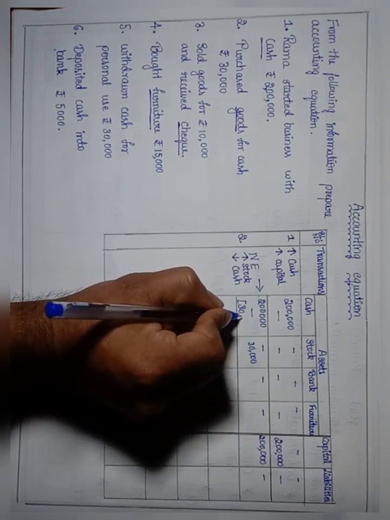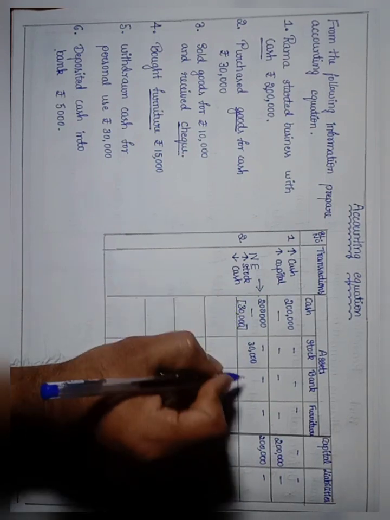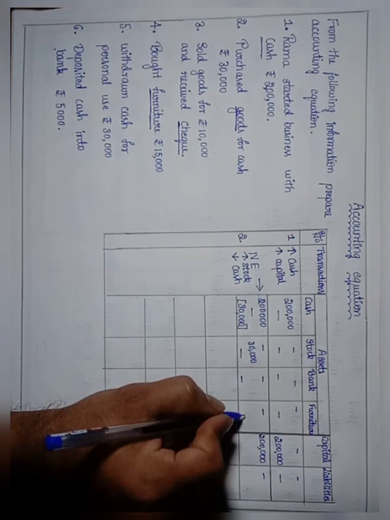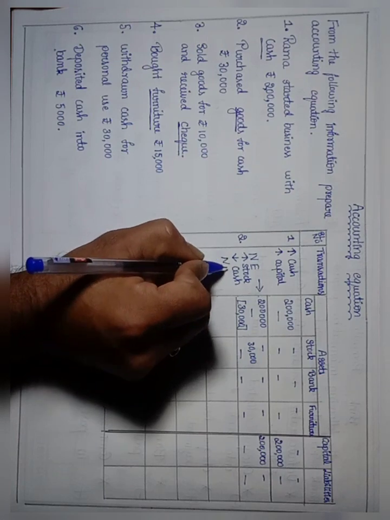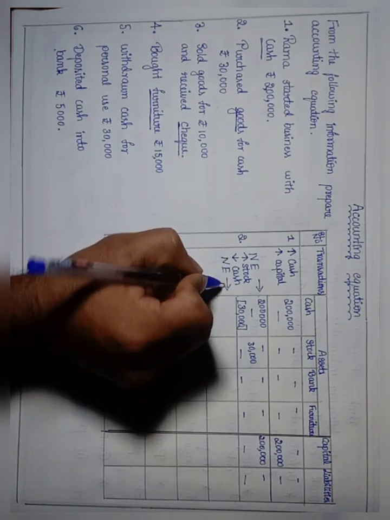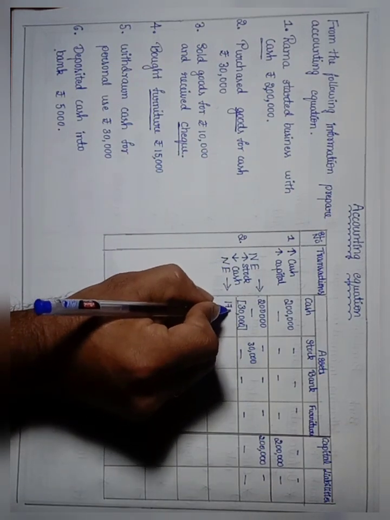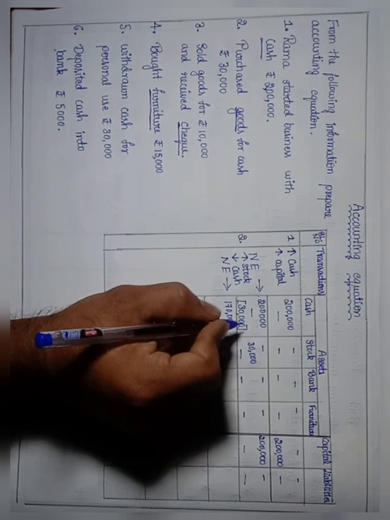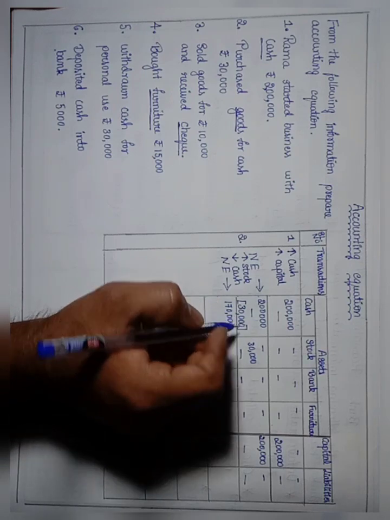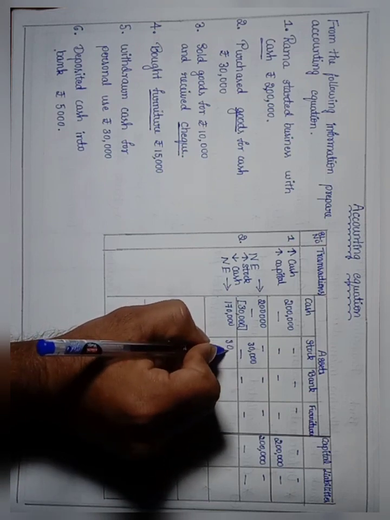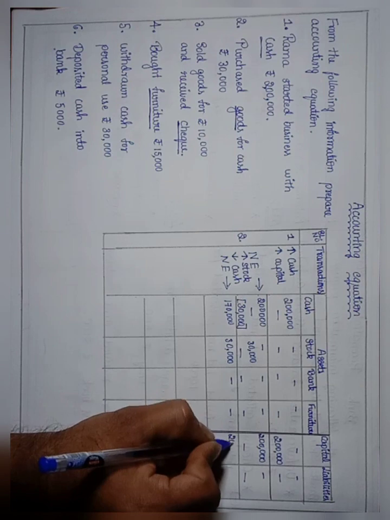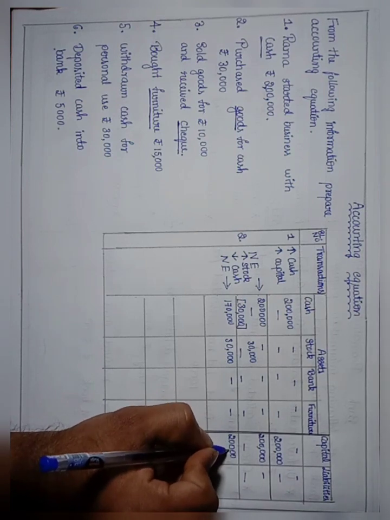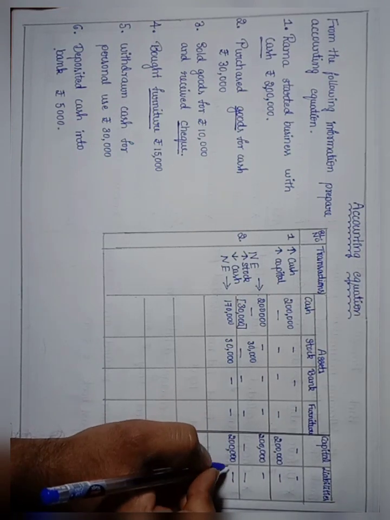So 30,000 cash will decrease. Then after this transaction, we will be having 1,70,000 rupees cash, because out of 2 lakhs we paid 30,000. Then 30,000 stock we will be having. Then 2 lakh rupees capital, and we don't have any liabilities.